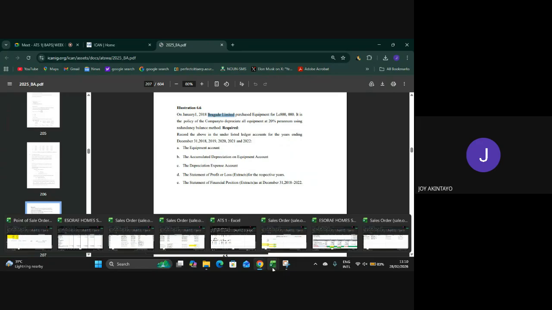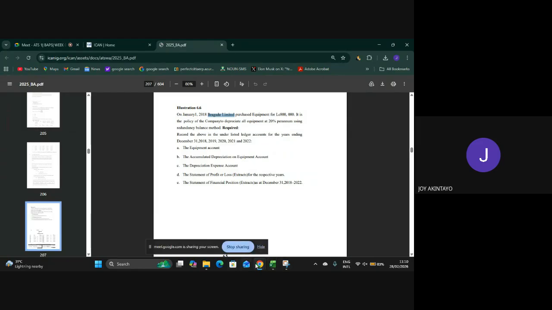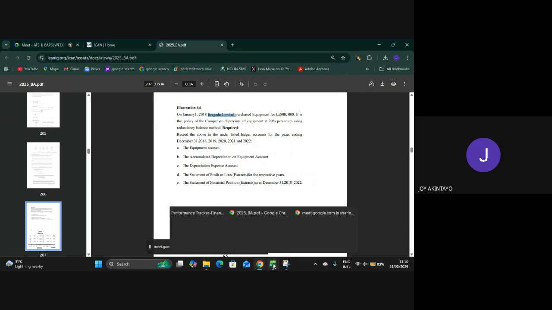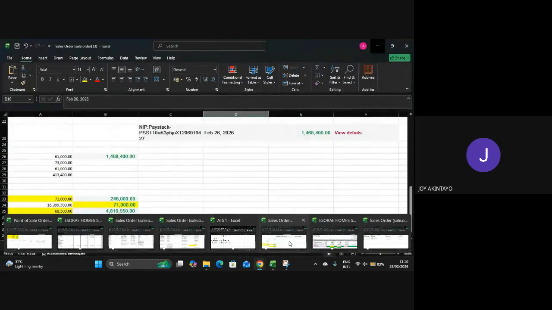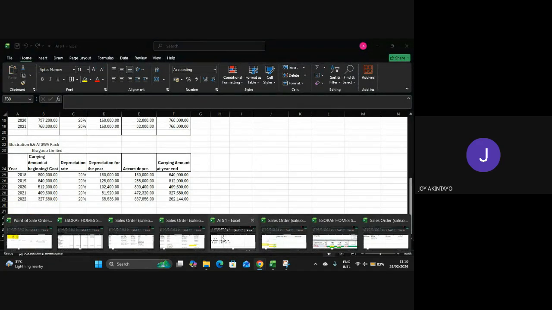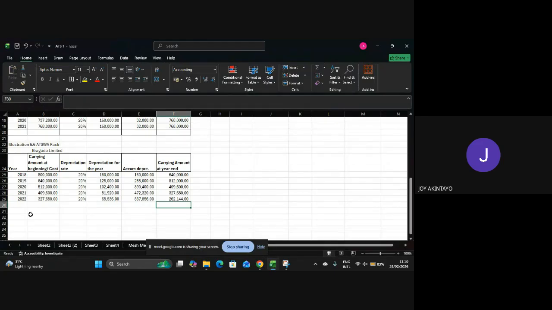You can either use just the T format, just draw your T, then debit, credit, or it's not compulsory you make your ledger like this. But because I'm using this thing, I will prefer that you use this. Let me teach you a method that you can use.